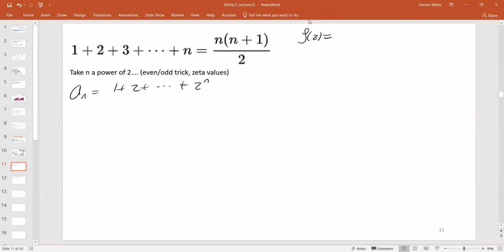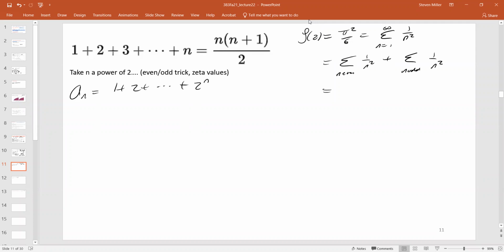What is zeta of 2 equal to? Pi squared over 6, which is the sum, n goes from 1 to infinity, of 1 over n squared. Now this is the same as the sum over n even of 1 over n squared, plus the sum over n odd of 1 over n squared.